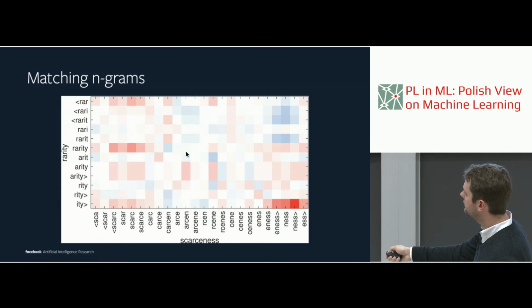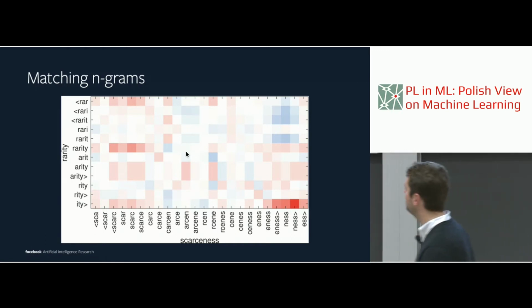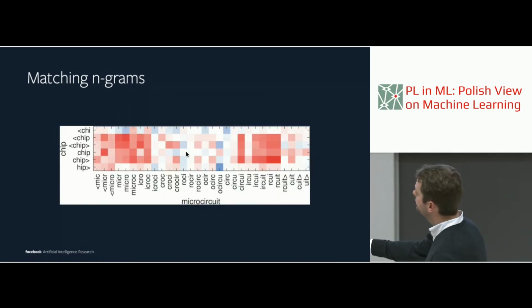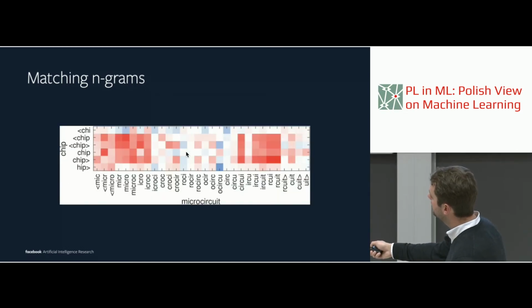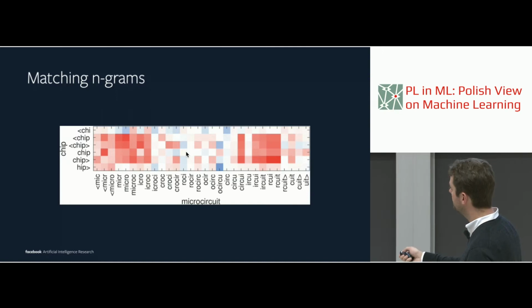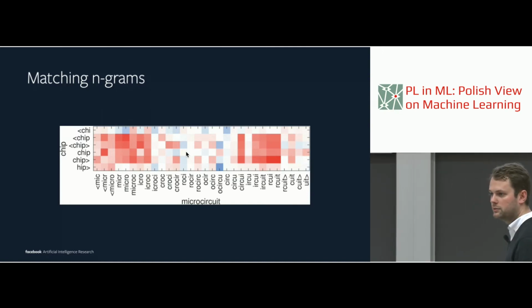Rarity and scarce kind of match, and NESS matches ITY. So that was fun to look at. It doesn't mean much. The other thing was chip and microcircuit, and you see that micro kind of matches with chip, but also circuit kind of matches with it too. And in the middle, this is just junk, so they don't have much similarity.